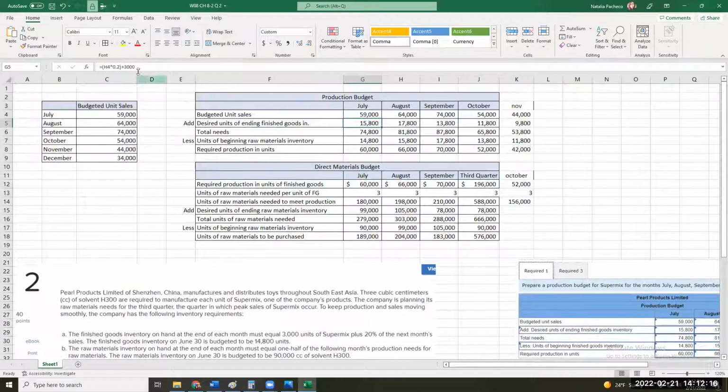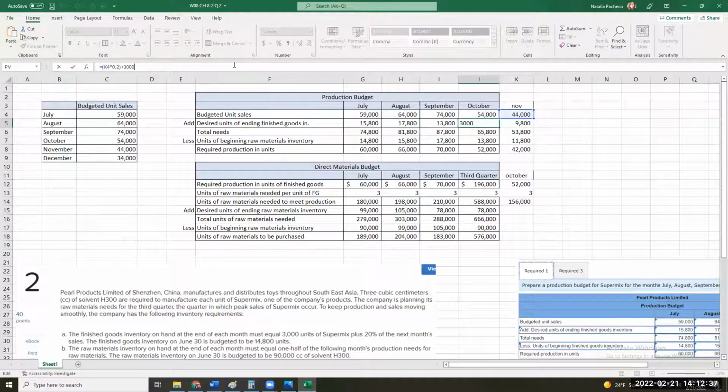So you can create a formula using the budgeted unit sales of the next month: August for July, times 20% plus 3,000 units. Then you do the same formula for August, September, and October, using November for October.